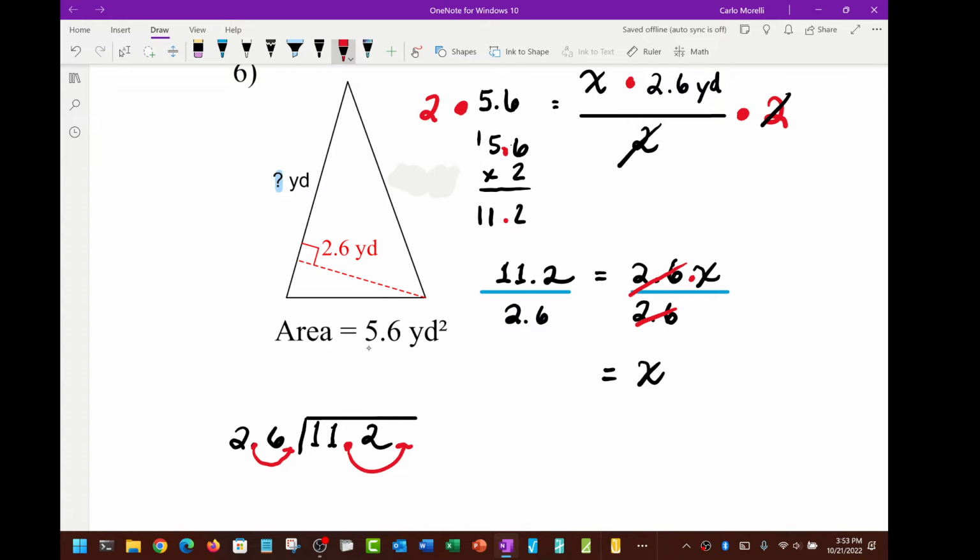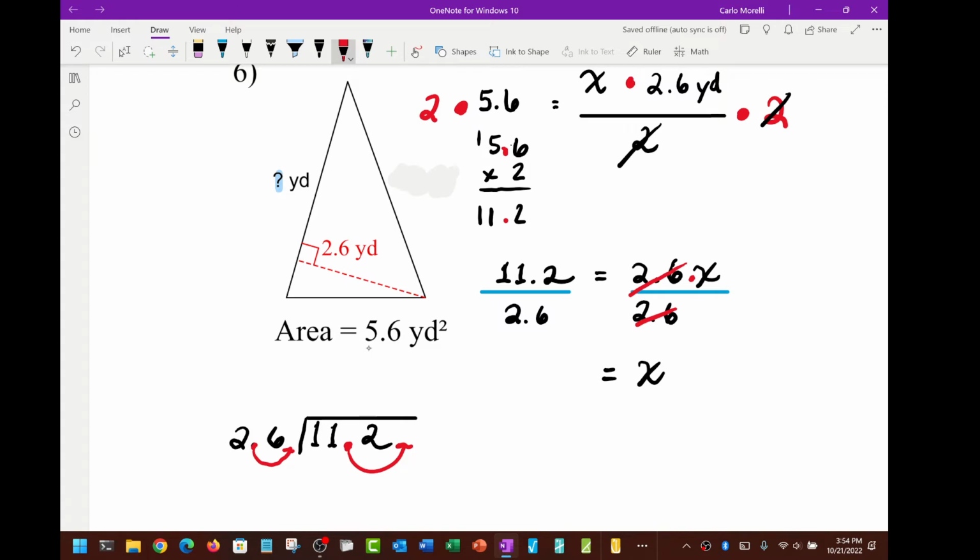And what's going on in my head right now is I'm thinking, well, there's 4 quarters in a dollar. Okay, so 25 cents times 4 is 100 cents.